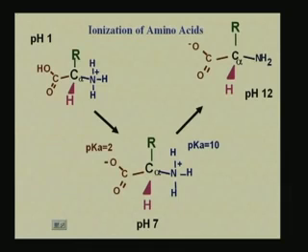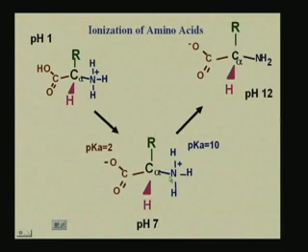The base is going to abstract the protons from the amino acid in order of ease of abstraction. What is the first one that is going to get lost? It is the carboxylic acid one. So, at a pH of 7, I have lost this. I am no longer C double bond OOH, I am now COO minus.